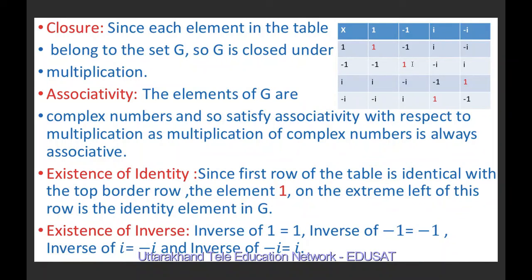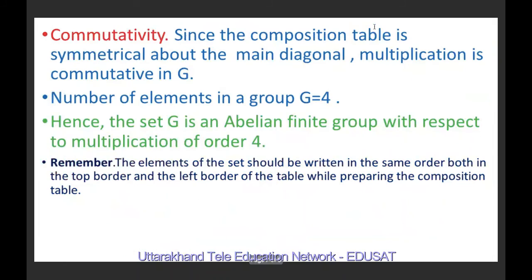Elements on its sides are minus iota and iota in second row, and below 1 are minus iota and iota in second column. Third diagonal element is minus 1. Element on its right is 1. Element below it is 1. And so this table is symmetrical about the main diagonal. Hence, the commutativity axiom is satisfied.